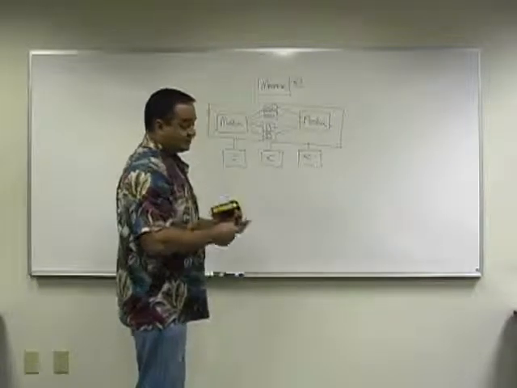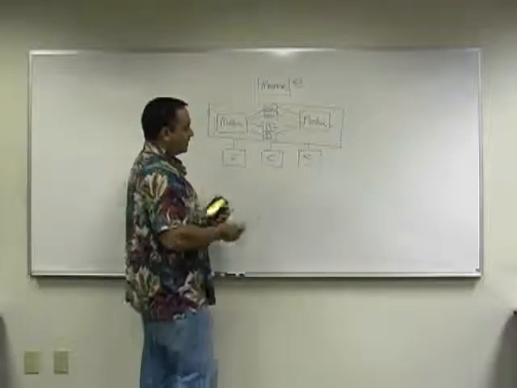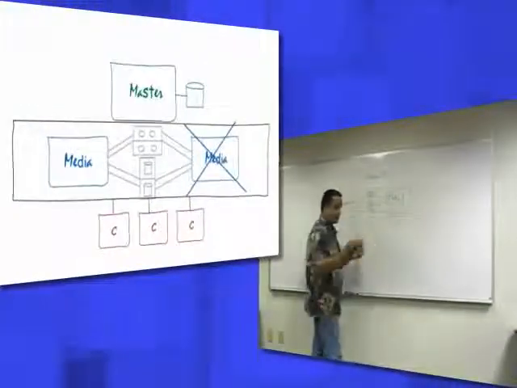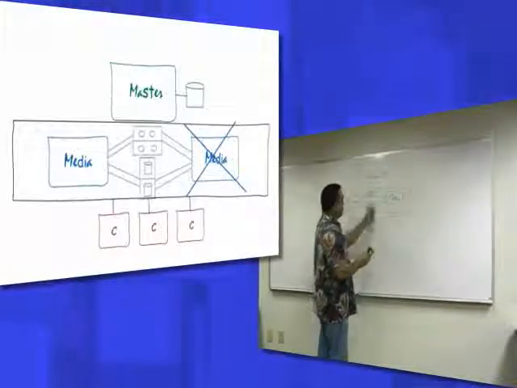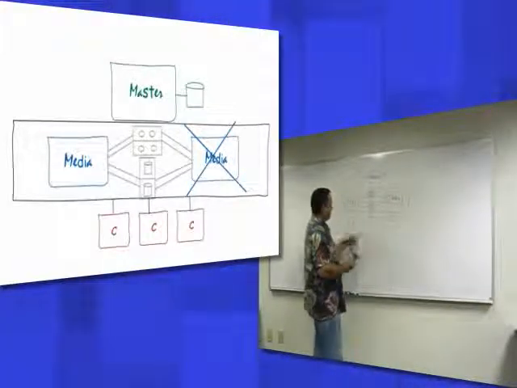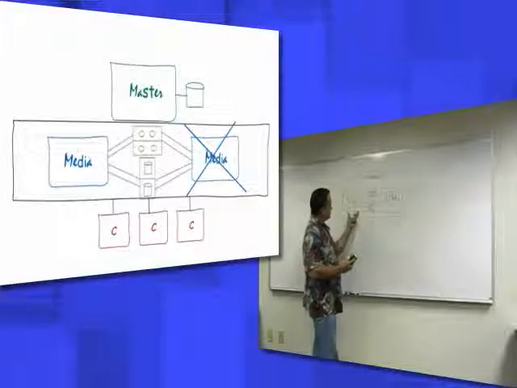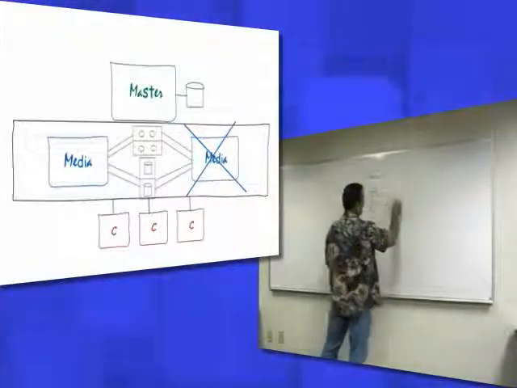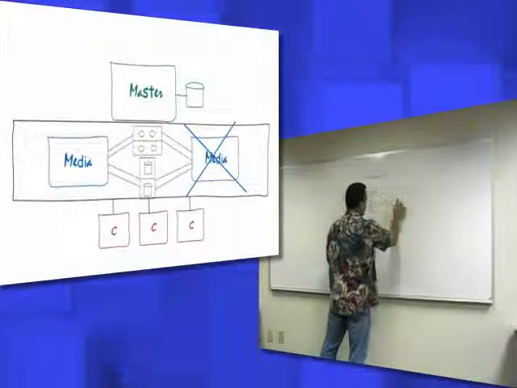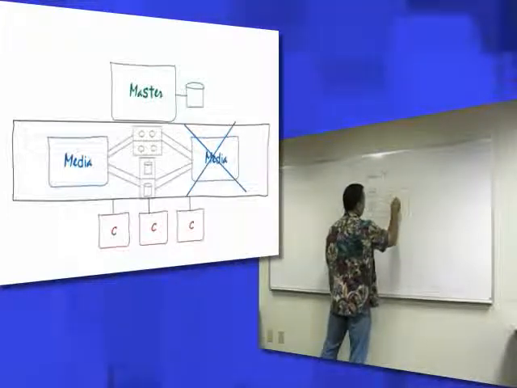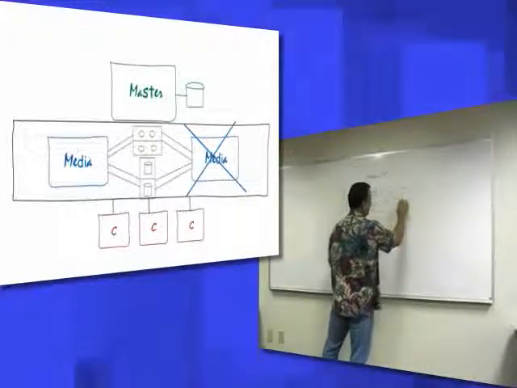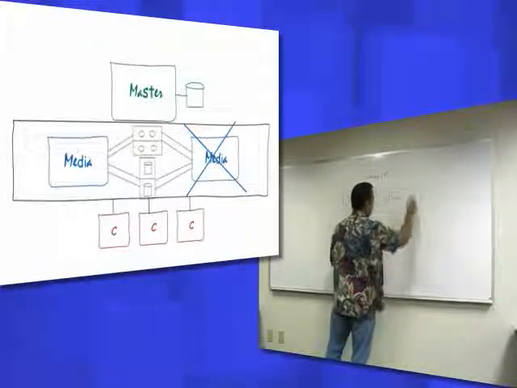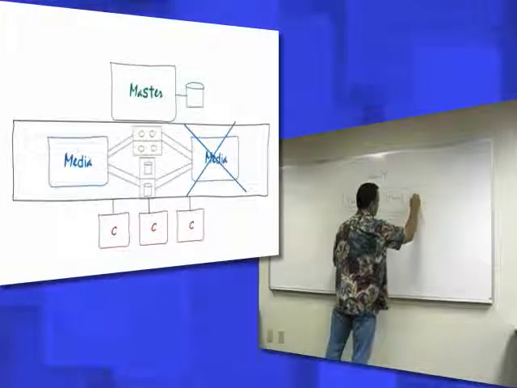The very, very nice thing about that is that if during normal operations things are running fine, and then the media server dies for whatever reason, the master server can now automatically and dynamically reassign all of the clients to the surviving media server. Even better is that if your environment grows or matures as you add more capacity to your environment, you can add more media servers to this resource over here.